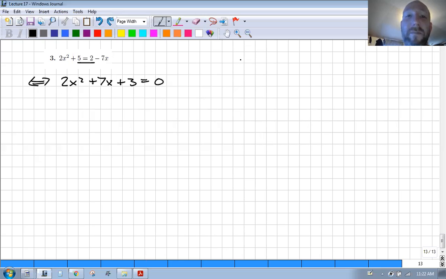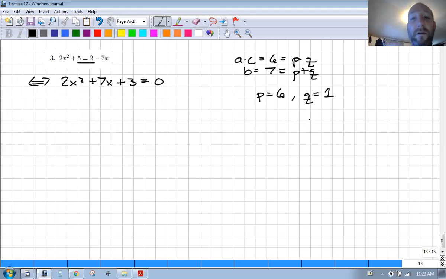Let's do our PQ trick. A times C here is 6. So we need two numbers that multiply to give us 6. B is 7. So those same two numbers have to add to be 7. So if we do P equals 6 and Q equals 1, that should work.